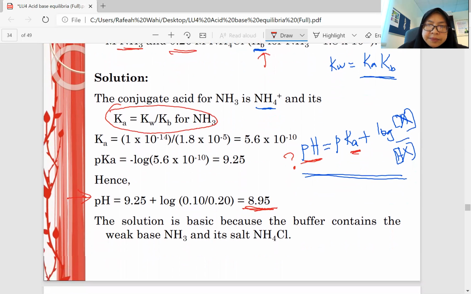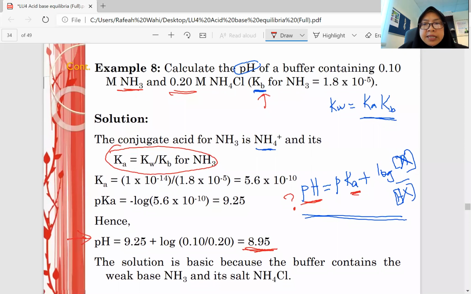You may ask whether you can solve this question by using the pOH expression of the Henderson-Hasselbalch equation, since Kb is given in the question. Of course, you can use it, no problem. It's just that at the end of this calculation, if you use the pOH expression, you will get a value for pOH.